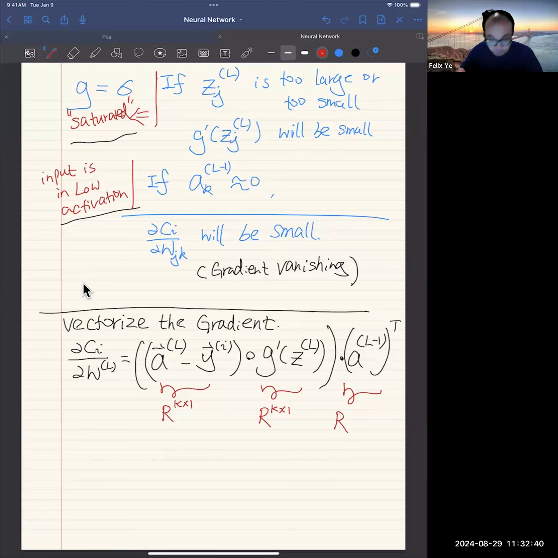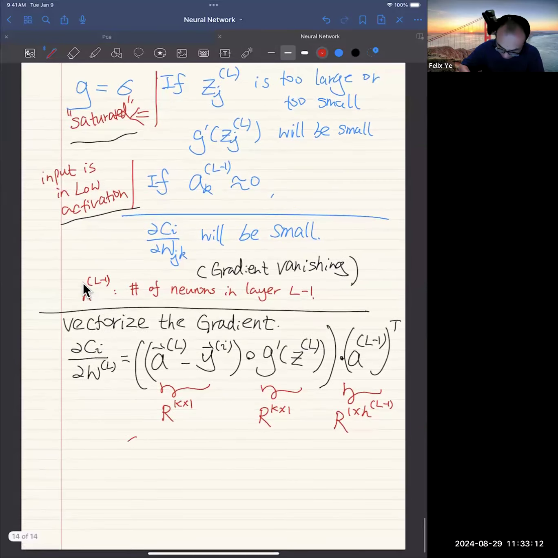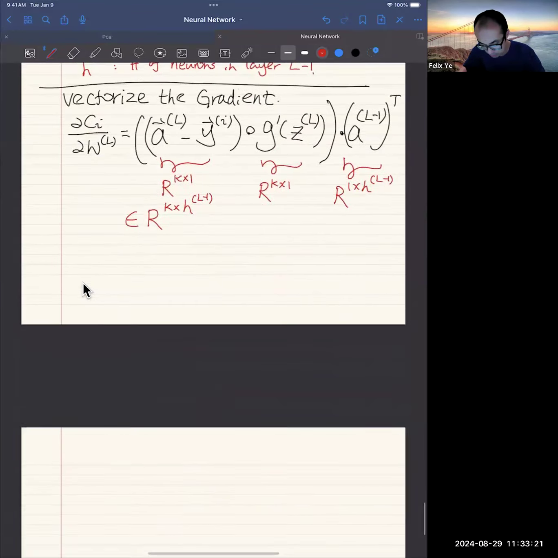This is in R of 1 by HL minus 1, where HL minus 1 is the number of neurons in layer L minus 1. So by the end, we are getting R K times HL minus 1. So this is the gradient.